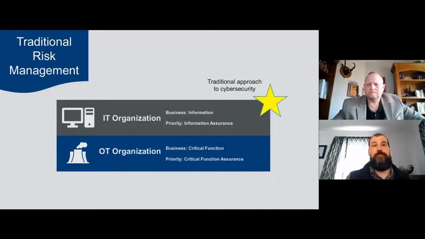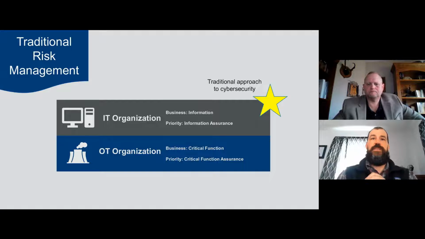So, a couple of quick items to talk about where we were, which is in this aspect of traditional risk management, there was an IT organization and there was information protection. So we wanted to protect our information, our intellectual property, those kinds of things, and so everything was built from an information assurance perspective.